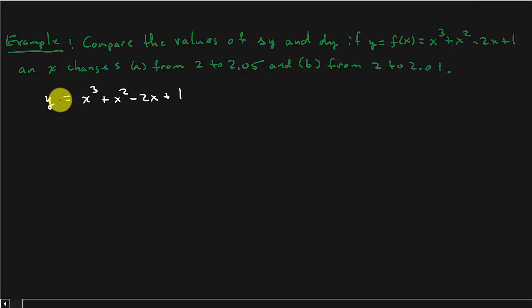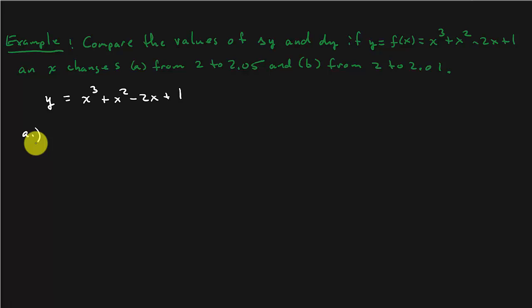All right. So for part A, it changes from 2 to 2.05. So let's work on A first. All right. So what do we have here? So we've got to have an x, and we've got to have delta x.